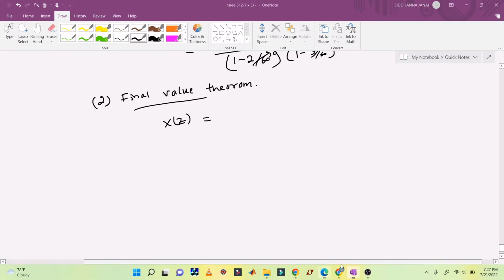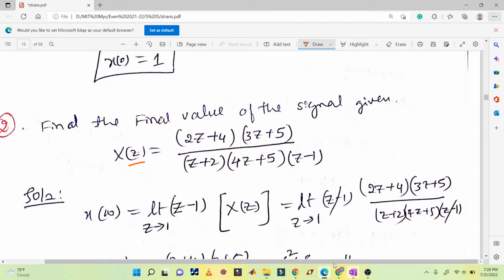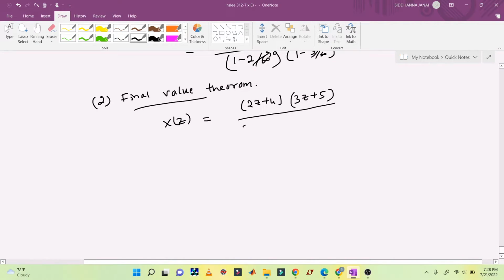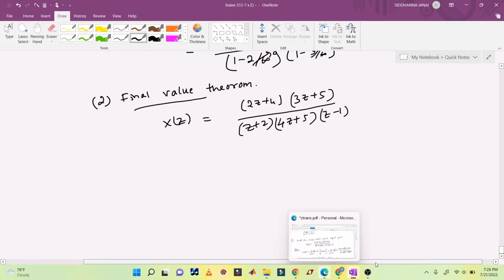So first let me copy down the problem. 2z plus 4, 3z plus 5 divided by z plus 2, 4z plus 5, z minus 1. Okay, this is the x of z given.